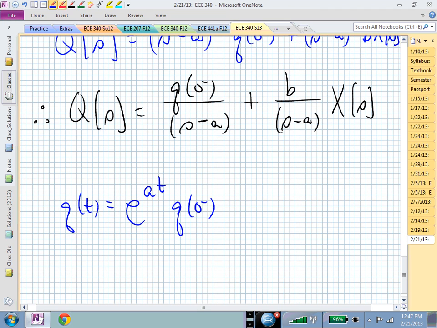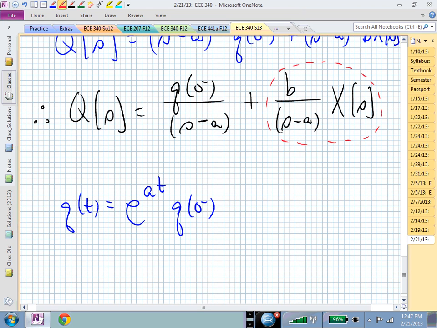Now what we need to realize is this is a little bit more interesting or involved. This is now a product of two terms that are functions of s. And what do we remember happens if we multiply in the frequency domain? What happens correspondingly in the time domain?